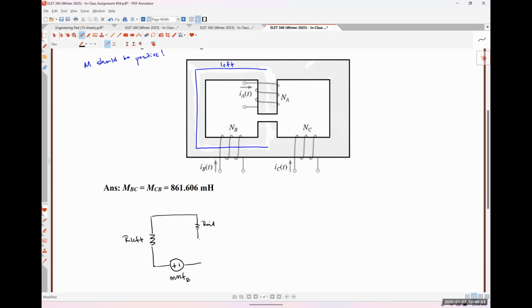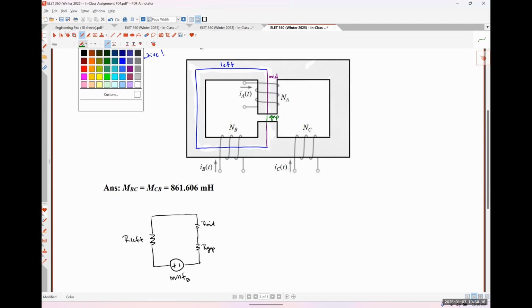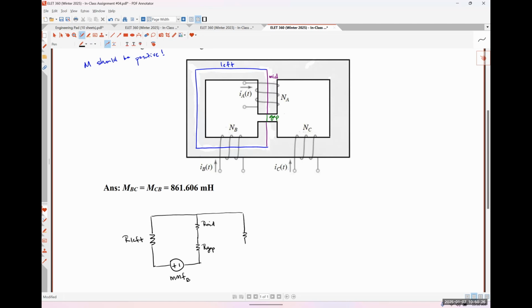I'm going to call that R mid, and I'm going to throw an R gap in series because there is an air gap through that path. Here is my mid, in purple, and for what it's worth, I'm going to do gap in green. Then I'm going to have my right-hand flux path and its reluctance.